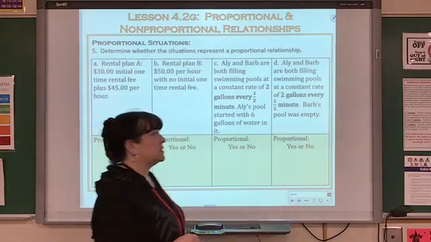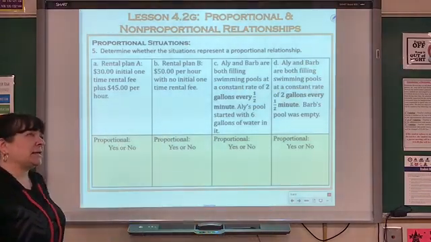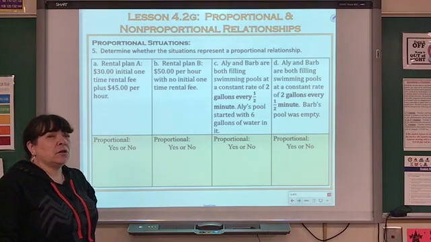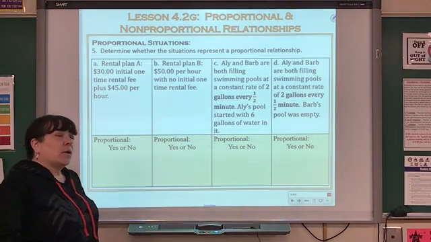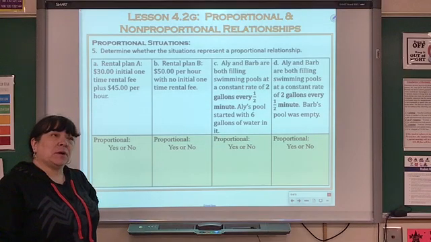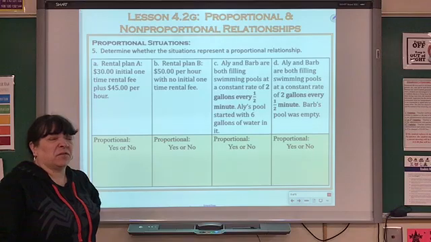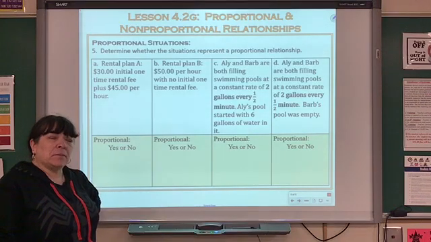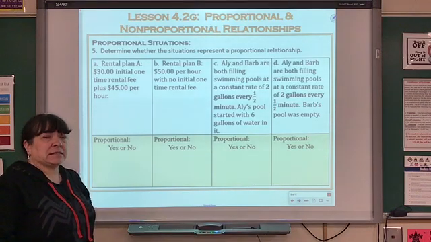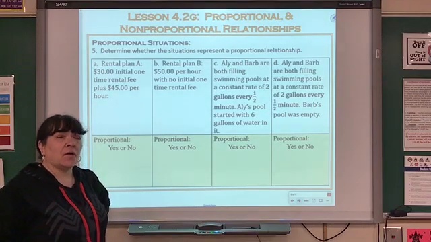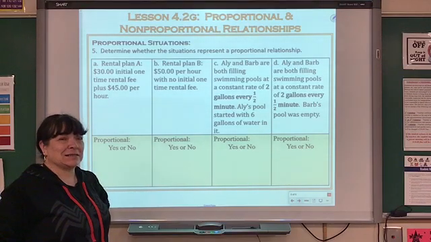Okay? So, our next thing is context. And when you're looking at context, sometimes you might think, wow, there's a lot of stuff in there. But remember, we've already discussed how to write equations from context.